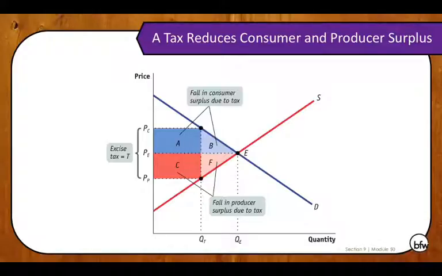So while A and C are lost to consumers and producers, they are not lost to society. But the areas shaded B and F are the areas that are lost to both consumers and producers and not received by the government. So the area shaded B and F is the area of deadweight loss. Loss to consumers, producers, government, and society.